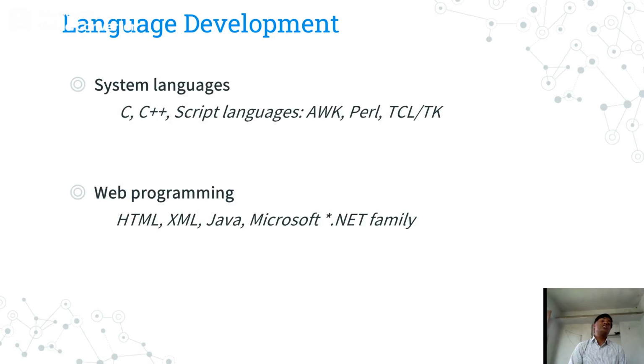And then there are system languages, where C++, script languages, AWK, Perl, TCL/TK are the languages used for developing the system. And for web programming, also HTML, XML, Java, Microsoft .NET family. These are used for developing web programming applications.